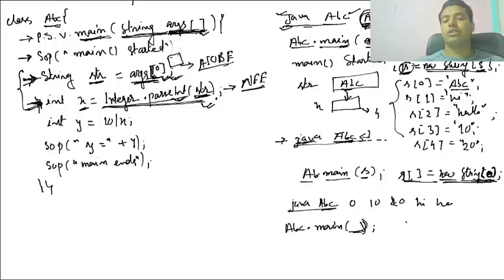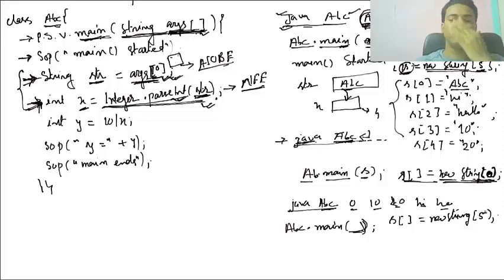So what JVM will do, before calling the main method, JVM creates a string array with new String of size. How many elements are you giving? 1, 2, 3, 4, 5. 5 elements. All the 5 elements are stored like this. Say s of 0 is 0, the value you are giving here.